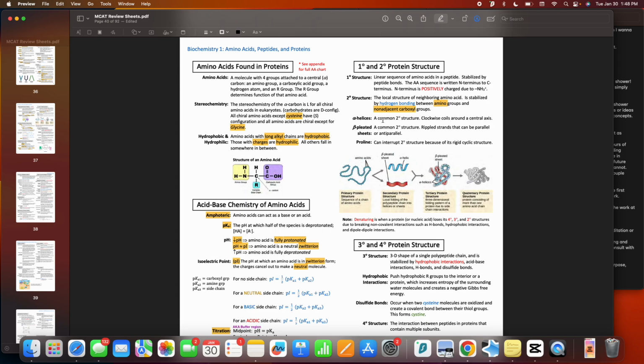Alpha helices are a common secondary structure. They are clockwise coils around a central axis. I didn't know that it is clockwise.